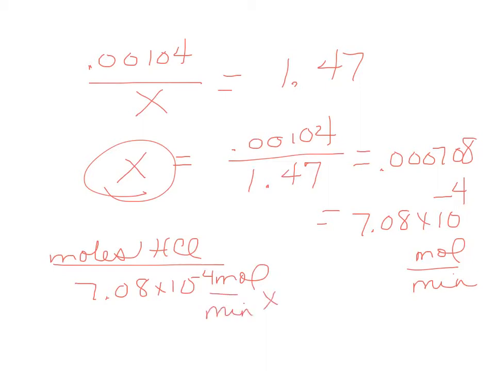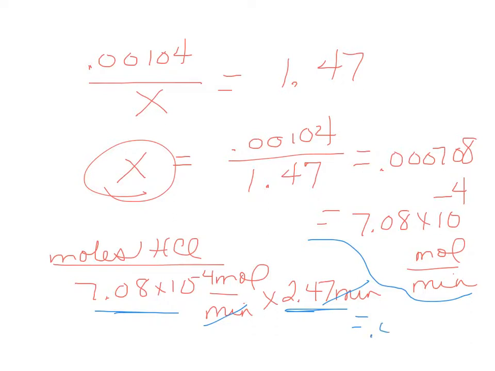It's assuming it's the same number of minutes that the ammonia diffused, which is 2.47 minutes. And so the amount of moles that will effuse, I should say, in 2.47 minutes at this rate is 0.00175 moles.